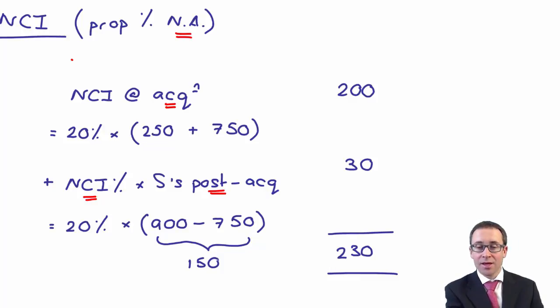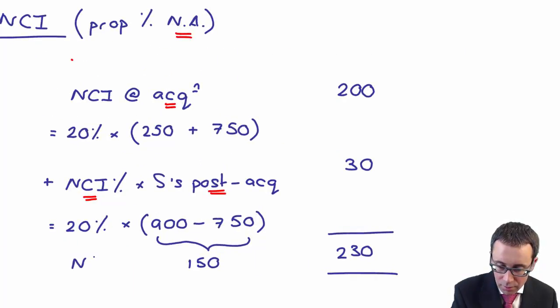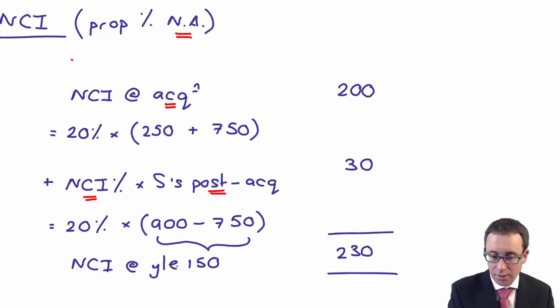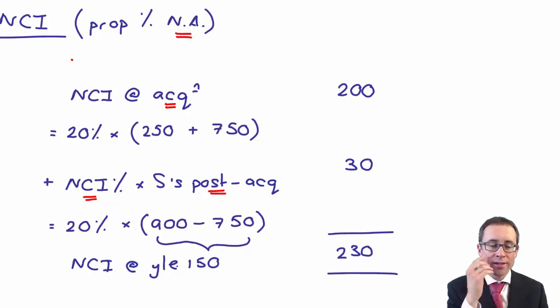Adding that together gives you the non-controlling interest at year end. There we go. So there's quite a bit that we've taken on board so far.